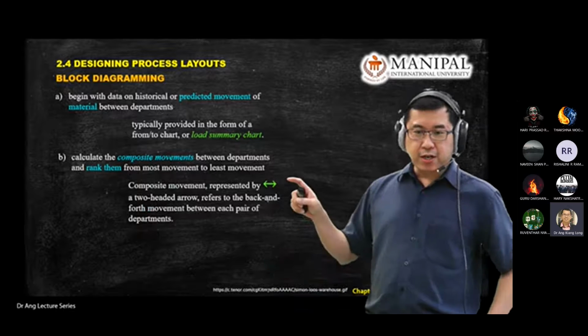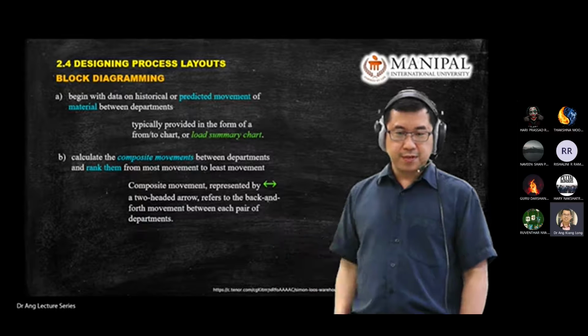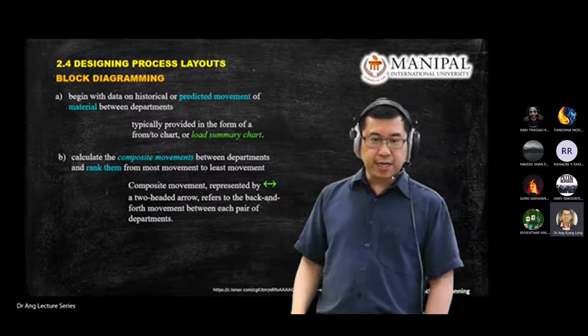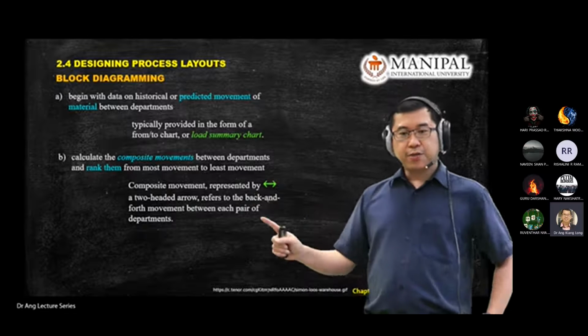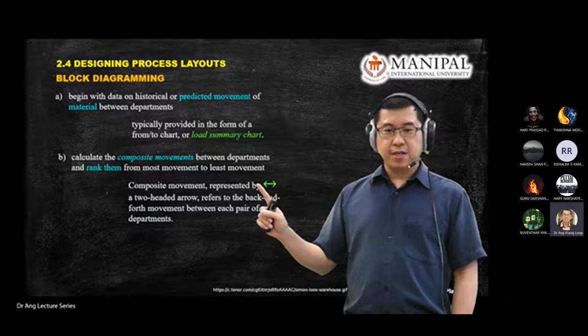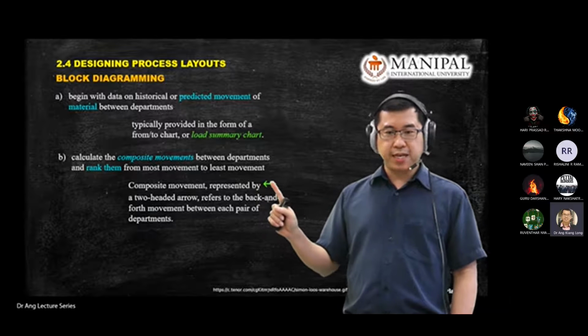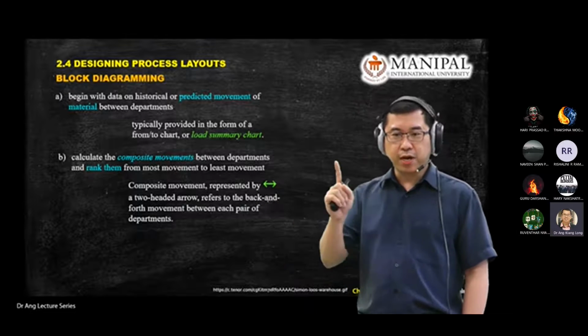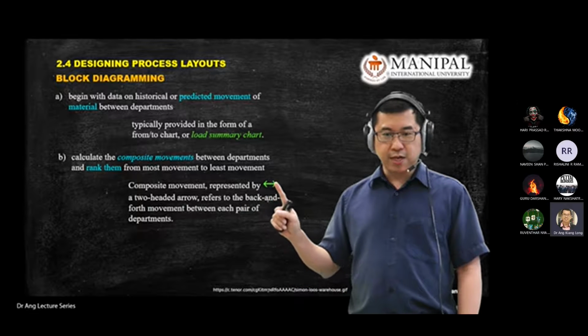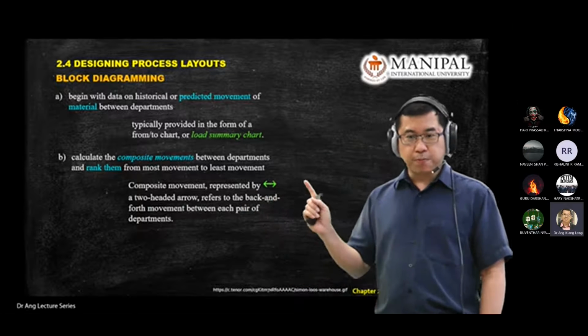In the calculation later on, you will see some symbols. This symbol with a double head, if you see A, double-headed arrow, B, it means process A to B and B to A. It means go back and forth. If you only see one arrow, let's say an arrow to the right, it means A to B only.